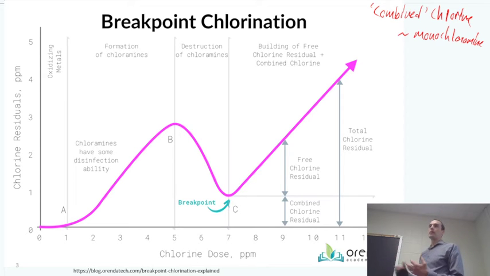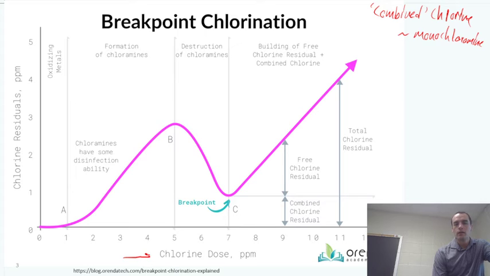Right? So actually, it's a pretty nice thing to use, and we would add enough ammonia to achieve a desired amount of monochloramine, even if we had none in the system to begin with. Okay, so let's take a look at this. This is the chlorine dose here.